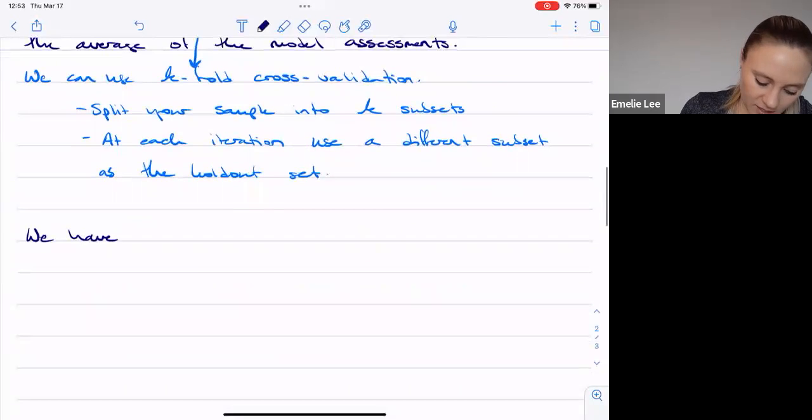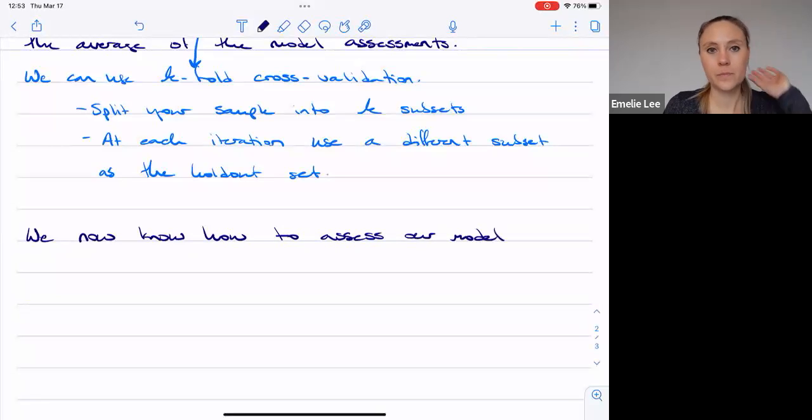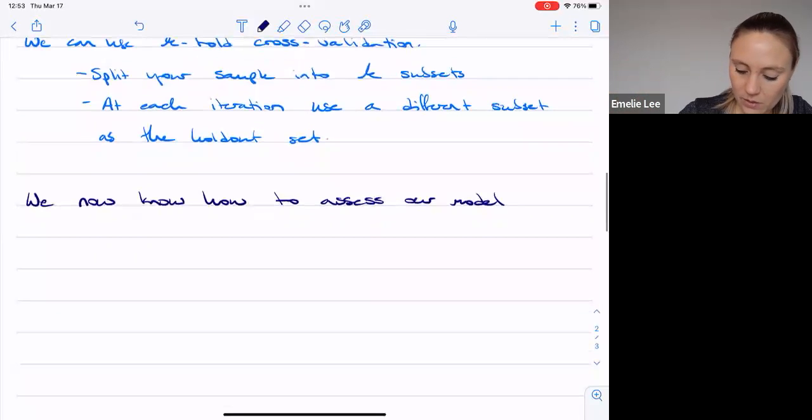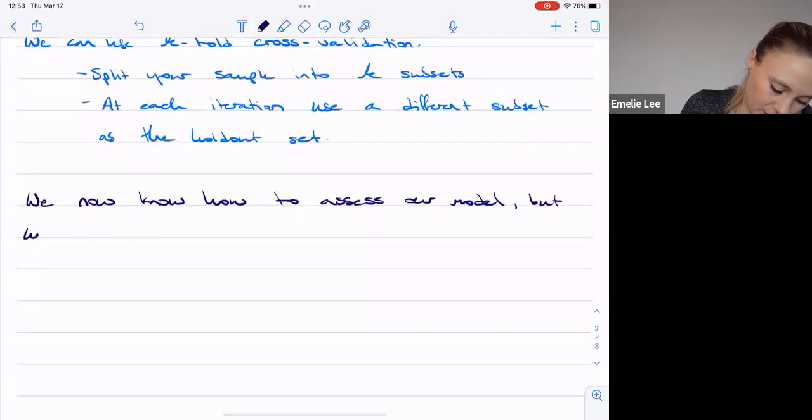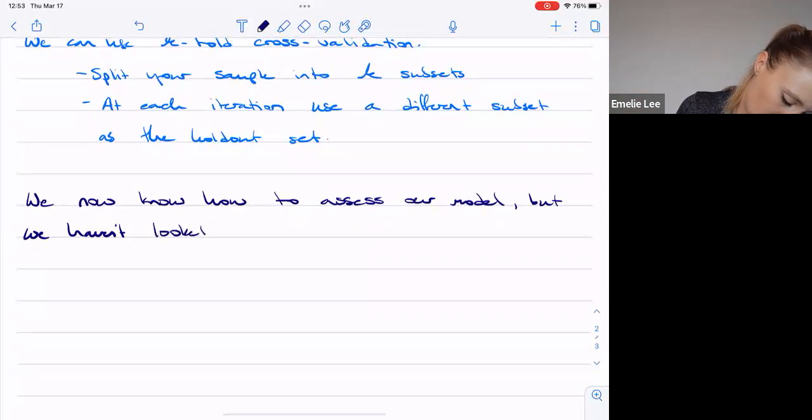We now know how to assess our model, but we haven't looked at how we build models.